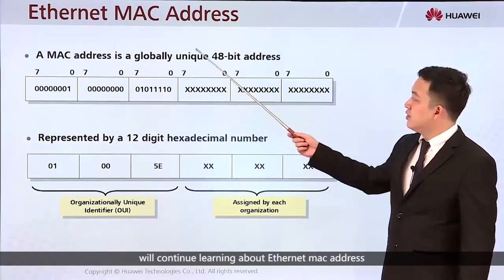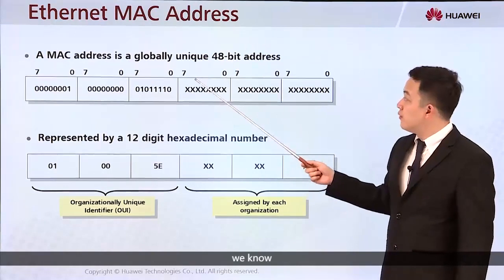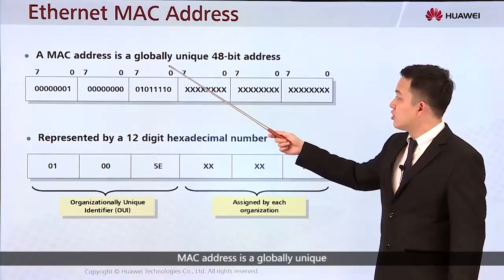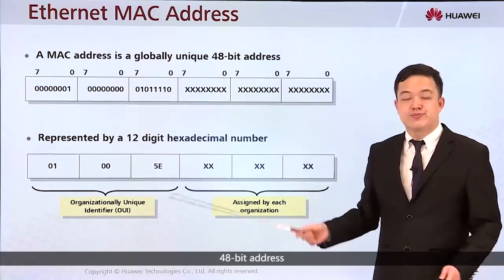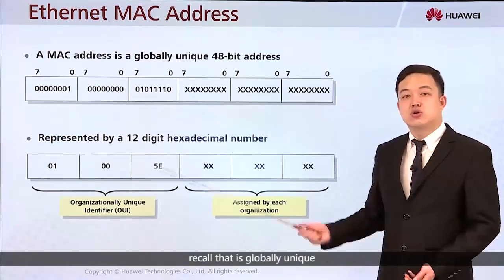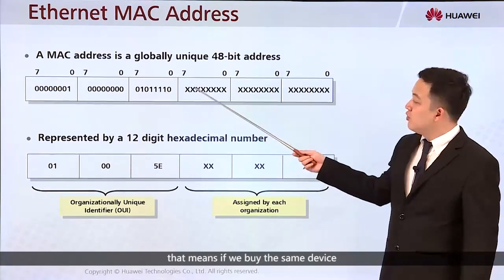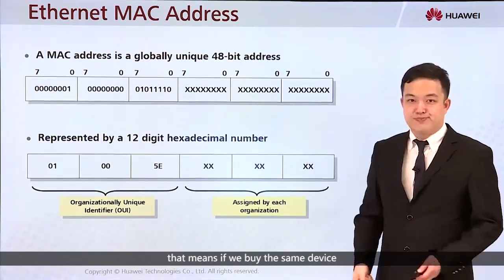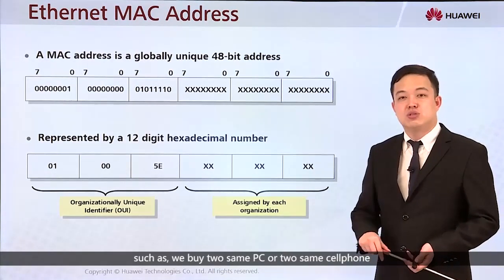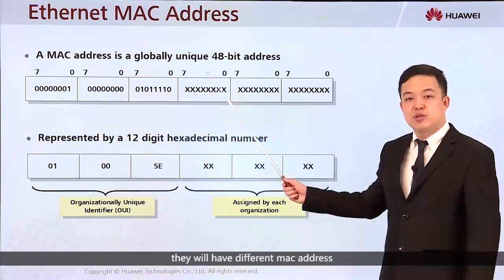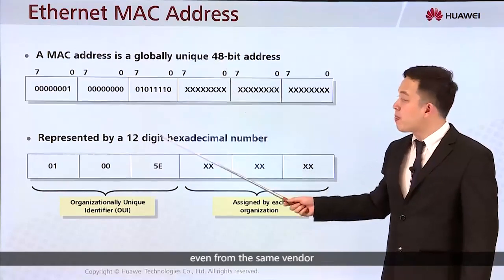Okay, we continue learning about the Ethernet MAC address. We know a MAC address is a globally unique 48-bit address. That means if we buy 2 of the same PC or 2 of the same cell phone, they will have different MAC addresses even from the same vendor.